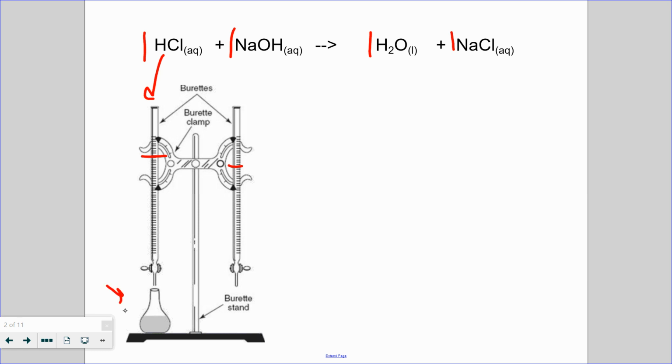And so I'm going to read those two volumes. I'm going to read the volume of the HCl initially, and write it down. And I'm going to read the volume of the NaOH initially, and write it down.